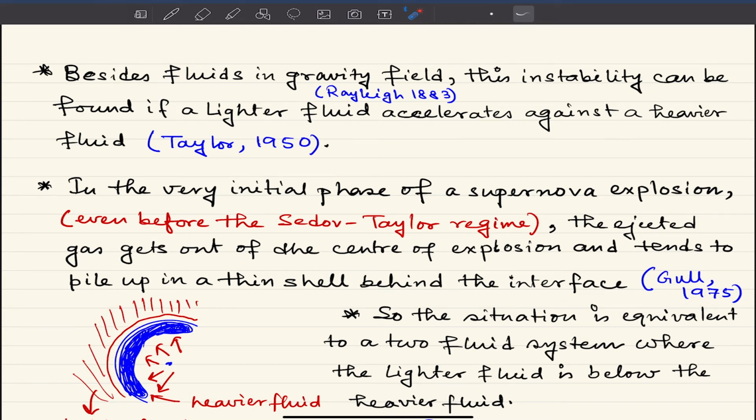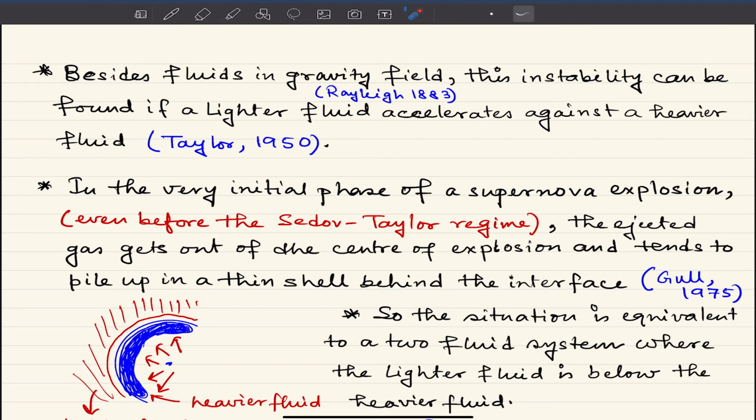Okay, so the situation is equivalent to a two fluid system where the lighter fluid is below the heavier fluid and the acceleration is outward. So the acceleration is basically due to the energy of this fluid. So the fluid is now piling up here. This is the interface, and here there is a very dilute ambient medium.